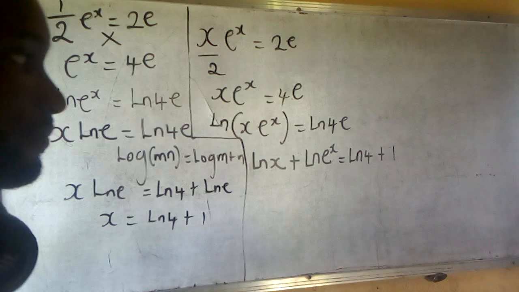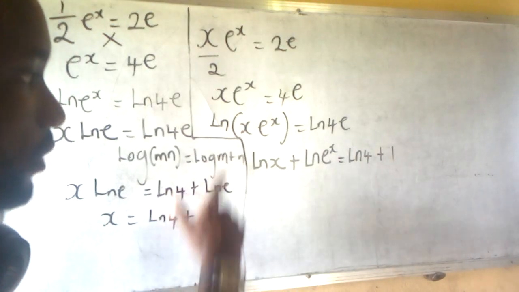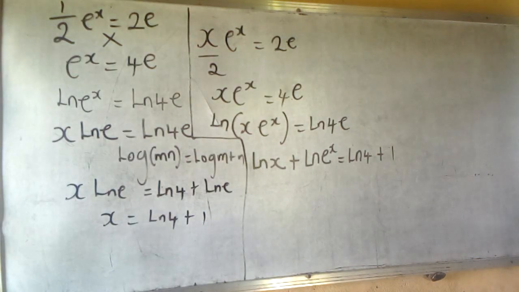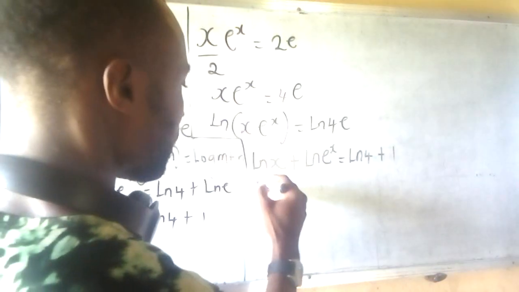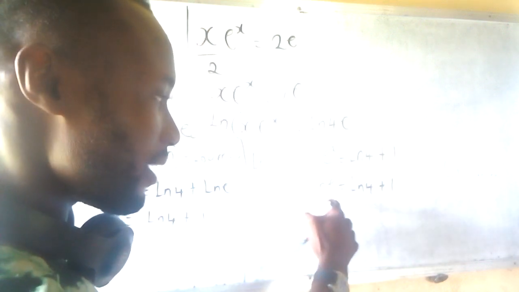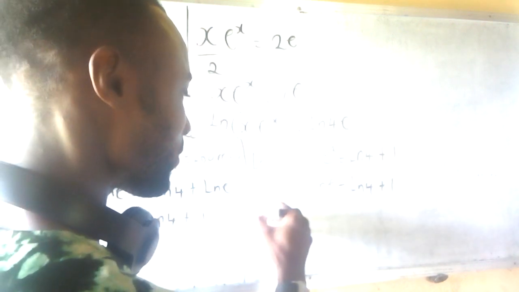See what I'm doing there? That's the multiplication rule. Now I'll bring down the power. Here becomes ln of x plus x ln of e is equal to ln of 4 plus 1. Right? Here ln of e becomes 1. So that becomes ln of x plus x is equal to ln of 4 plus 1. x times 1 is x.